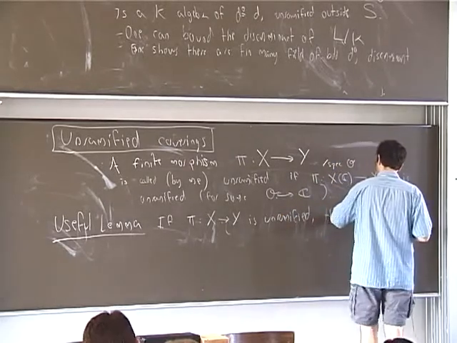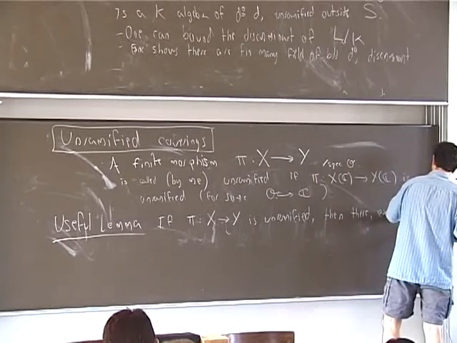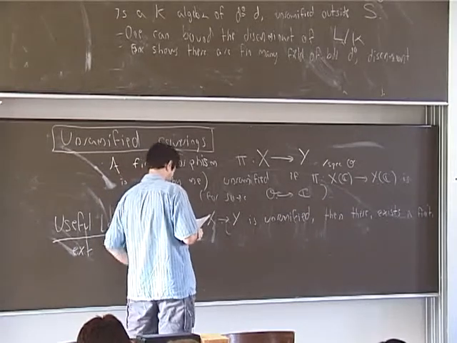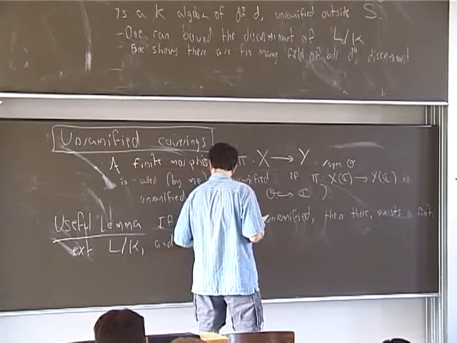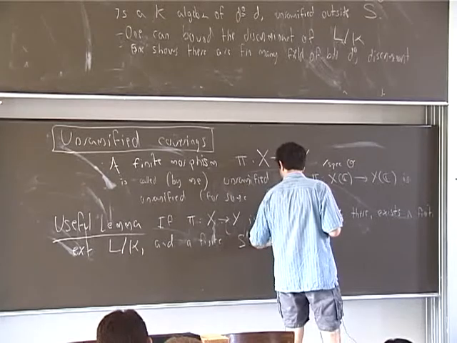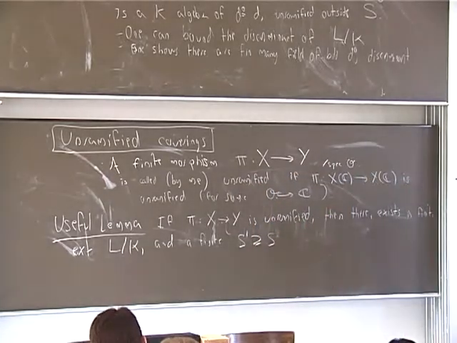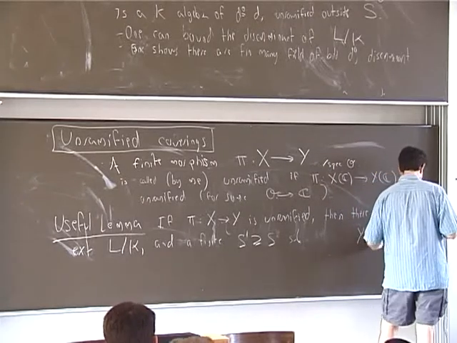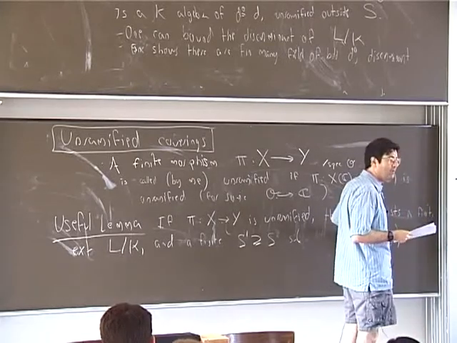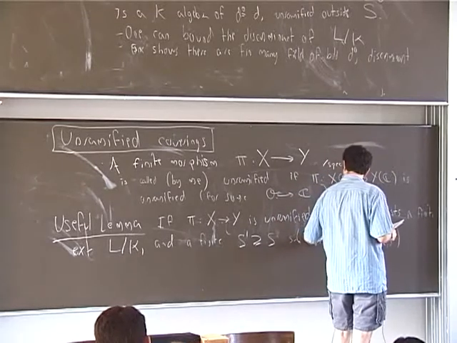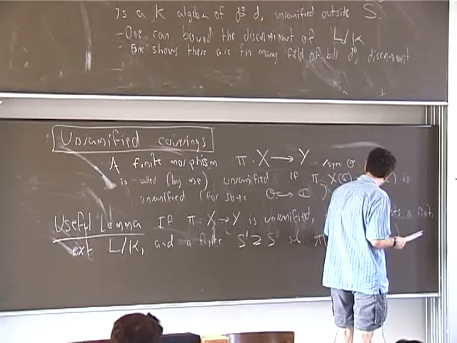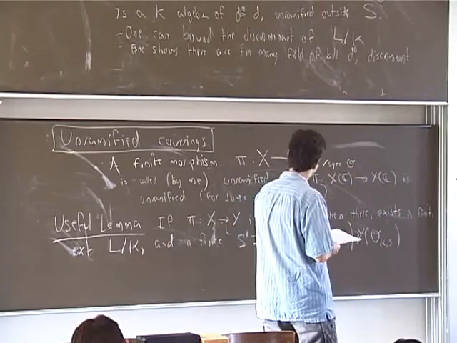then there exists a finite extension L of K and a finite set S prime of primes or places of L, containing all the primes of L above S, such that the set of S-integral points over K of Y, this curve which is in the image, is contained in the set of S prime-integral points over L of X, for some finite L and some finite S prime.